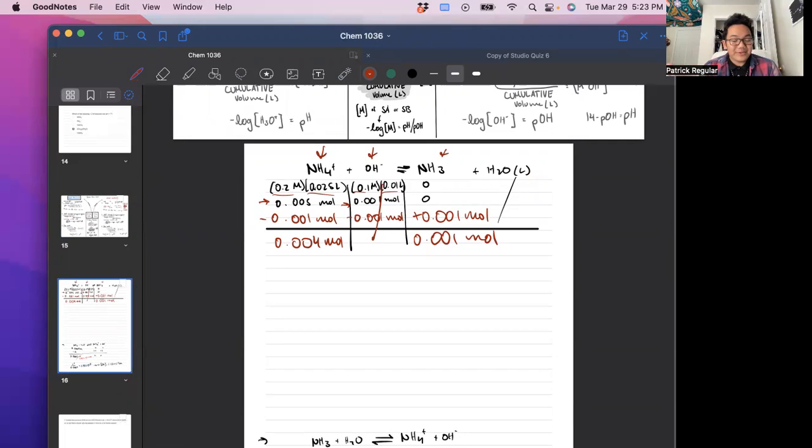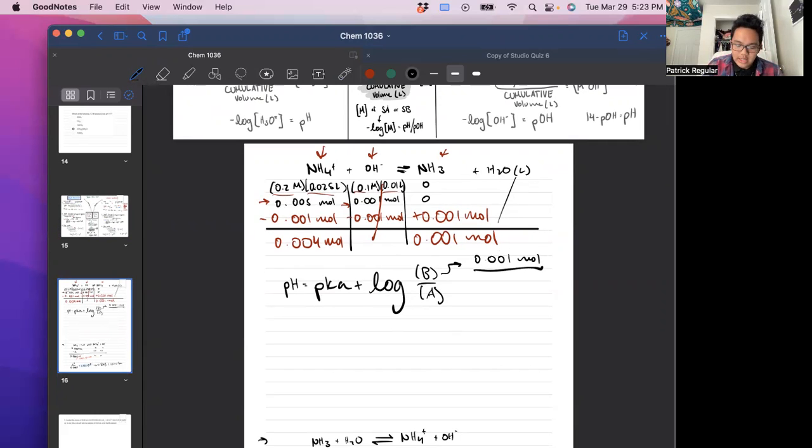Now for the HH equation, you can use moles. It's a good habit to use molarity, but let's just try it out. So pH equals pKa plus log of our base over our acid. Let's break these down. That's our base, 0.001 mole. Our new volume, we have 0.025 and 0.01. 0.01 plus 0.025 is 0.035.